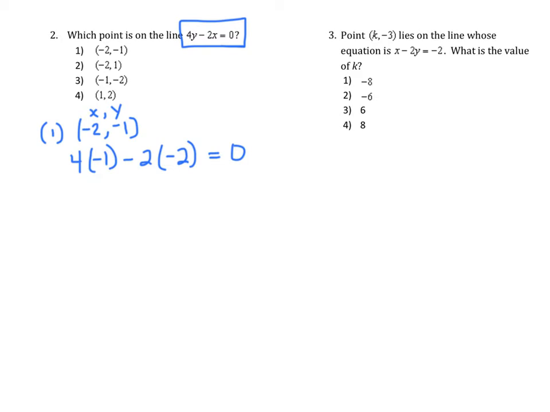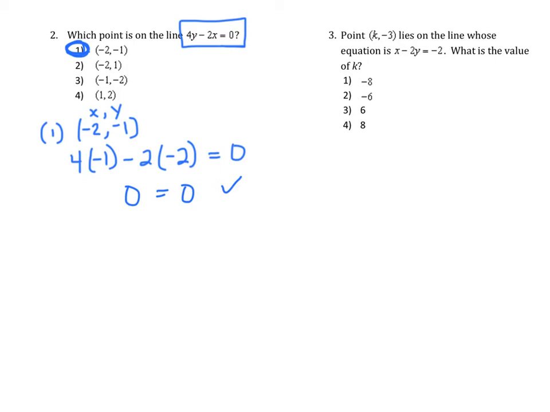So right away, I get 0 equals 0. And so the very first point is on the line. Now, just like the first example, if I tested choice 2, 3, or 4, we'd see that those points were not on the line because the left-hand side would not equal 0.